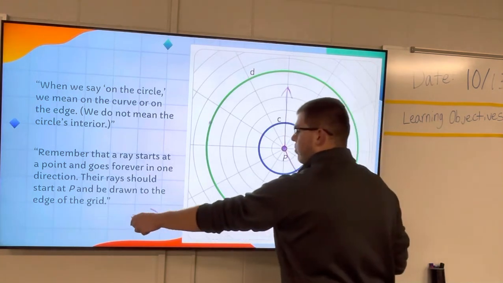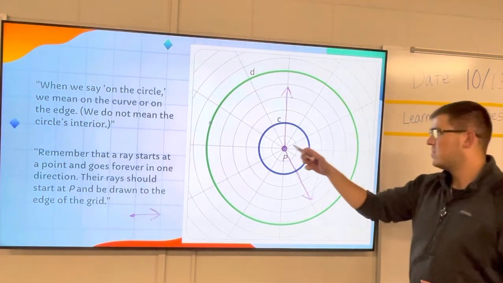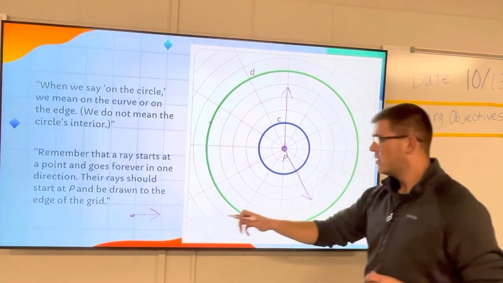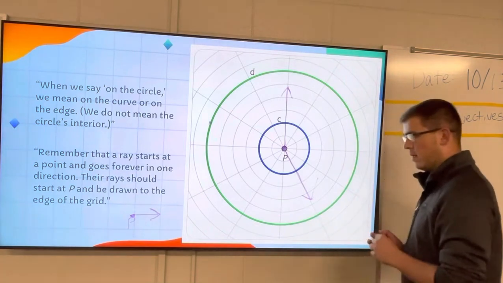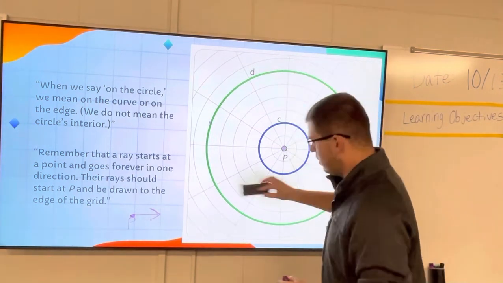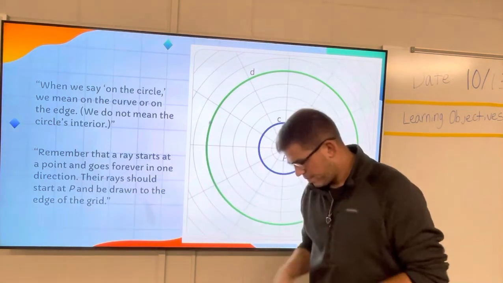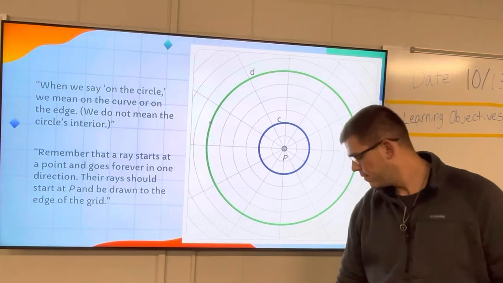It has a starting point and then it extends in one direction infinitely. It's the same concept here. P is our end point, our center of dilation. Take a picture, take a screenshot, take some notes.